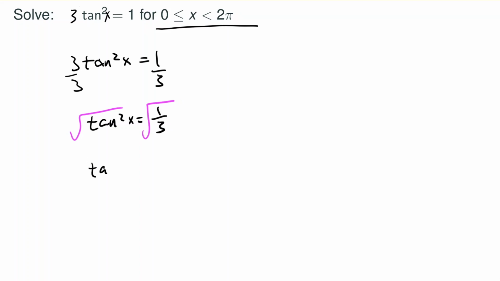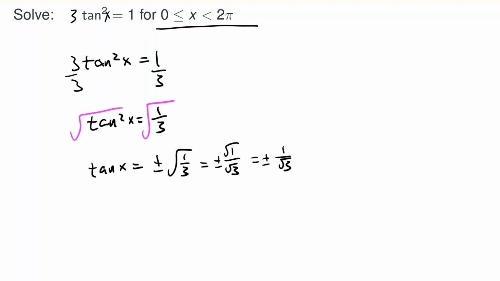So tangent x equals plus or minus the square root of 1 over 3, which we can rewrite as plus or minus the square root of 1 over the square root of 3. But the square root of 1 is just 1, right? So we have plus or minus 1 over the square root of 3. So on the unit circle, we need to find angles such that the tangent of that angle is either 1 over the square root of 3 or negative 1 over the square root of 3.